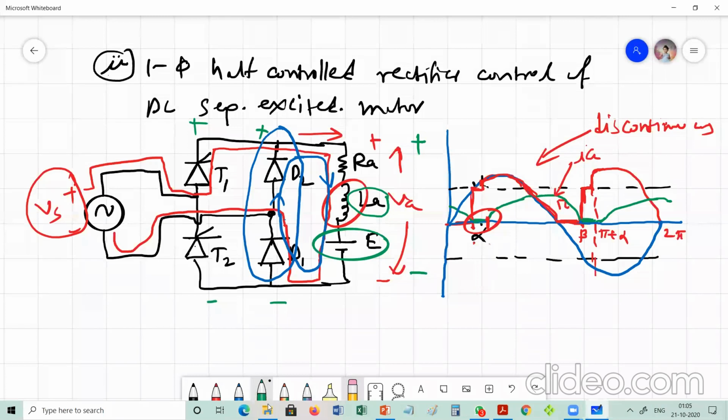When the switches T1, D1, T2, D2 conduct, this source Vs is connected to the load or armature through this single phase half controlled rectifier.